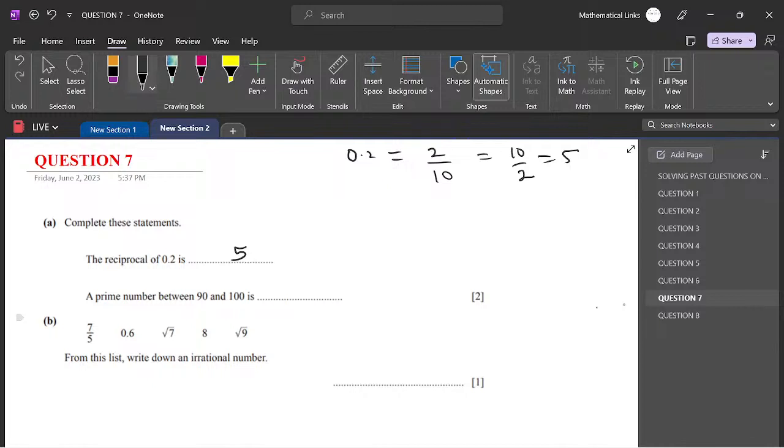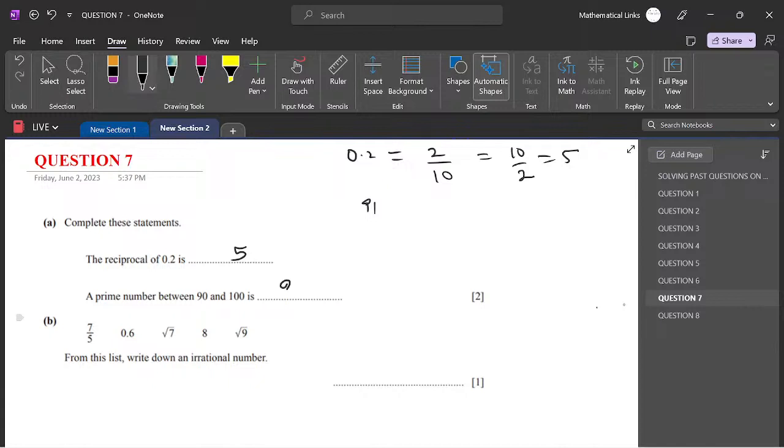A prime number between 90 and 100 is dash. So if you look at it here, what about 91? Is it a prime number? If you check, it's not divisible by 2, it's not divisible by 3, it's not divisible by 4.